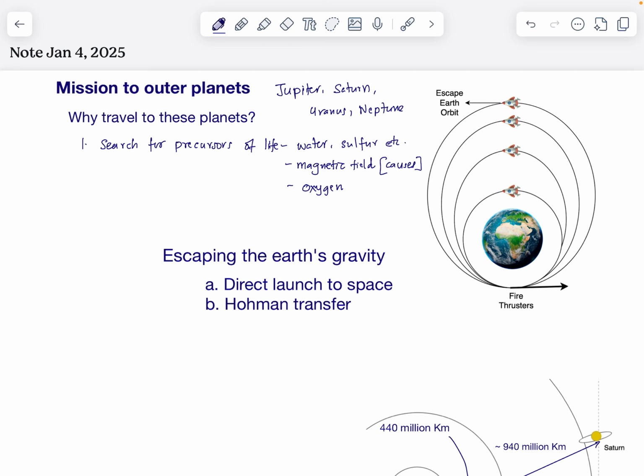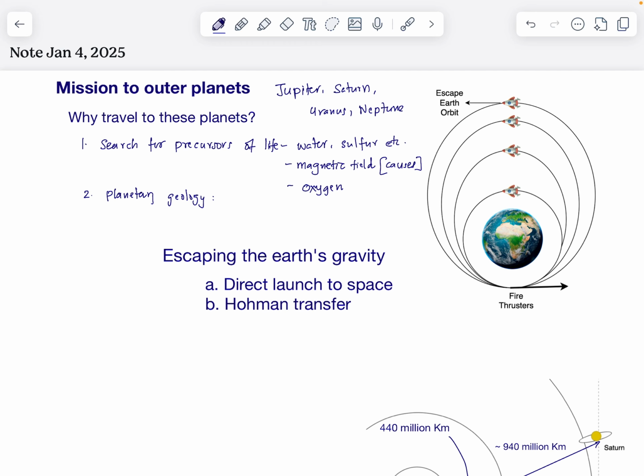The second thing is we want to understand planetary geology. So what comprises the inner structure of these planets? What metals do they have? What minerals do they have? What is the structure of these planets underneath the surface?